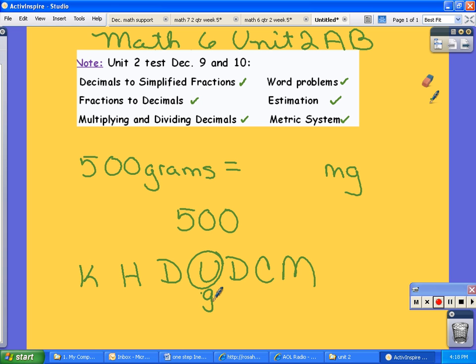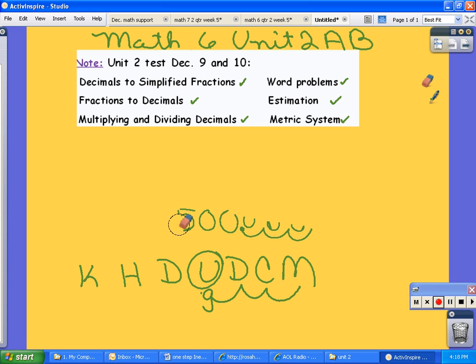And we're going to move the decimal point over 1, 2, 3 places, which means in our number 500, the decimal point's right here, and we're going to move it over 1, 2, 3 places. So my answer is 500,000 milligrams is the same as 500 grams.